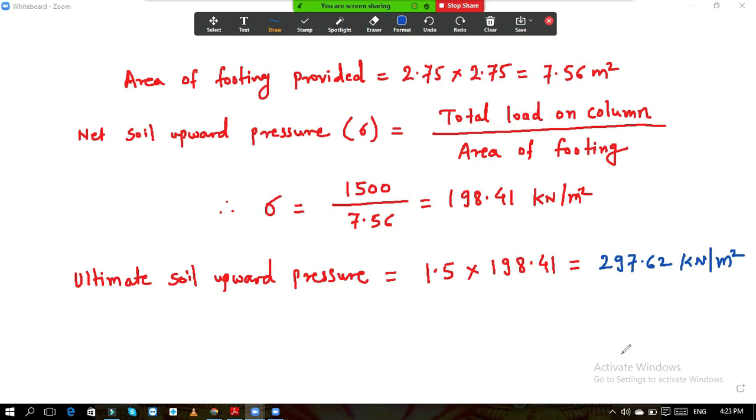After net soil pressure, we calculated ultimate or factored soil pressure. To calculate it, the factor of safety is 1.5; we always take 1.5 for concrete. So ultimate soil pressure is 1.5 into 198.41, which is 297.62. So your first step is completed.